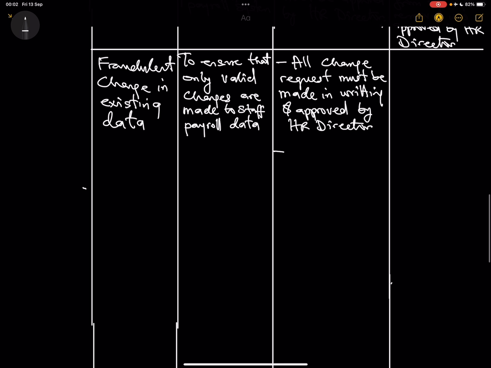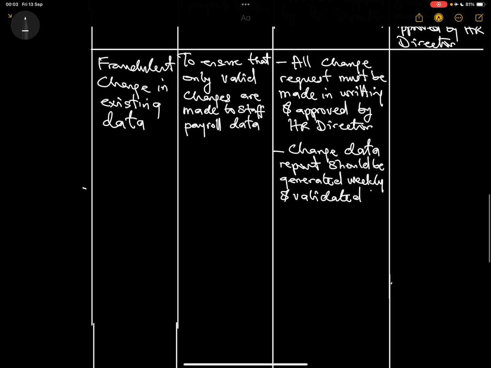The second control is the detective control, which means change data reports should be generated weekly and validated by the HR director.